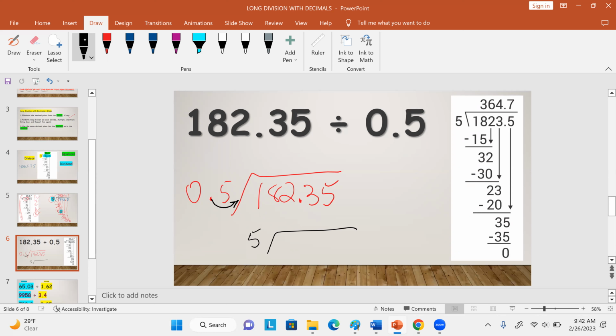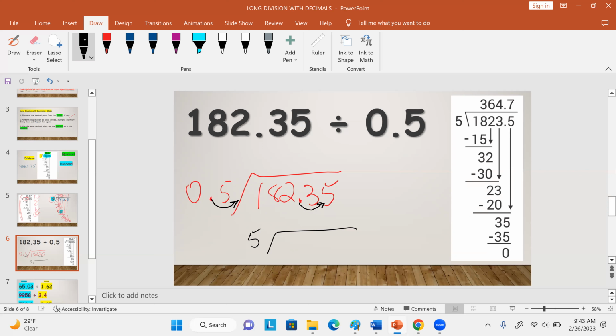And because we move the decimal in the divisor, we need to move the decimal also in the dividend. And they have to be also 1 unit. So the number of places you use for the divisor, you use that same place for the dividend.